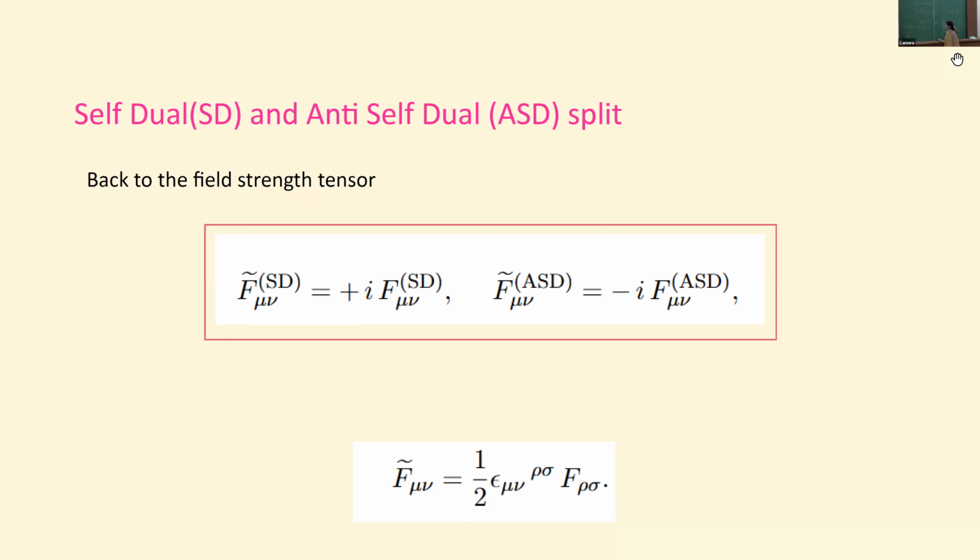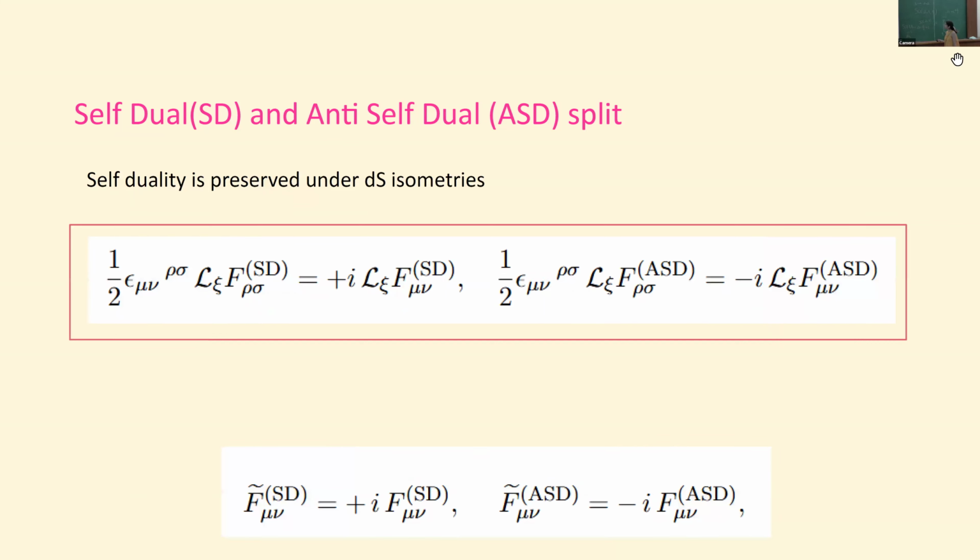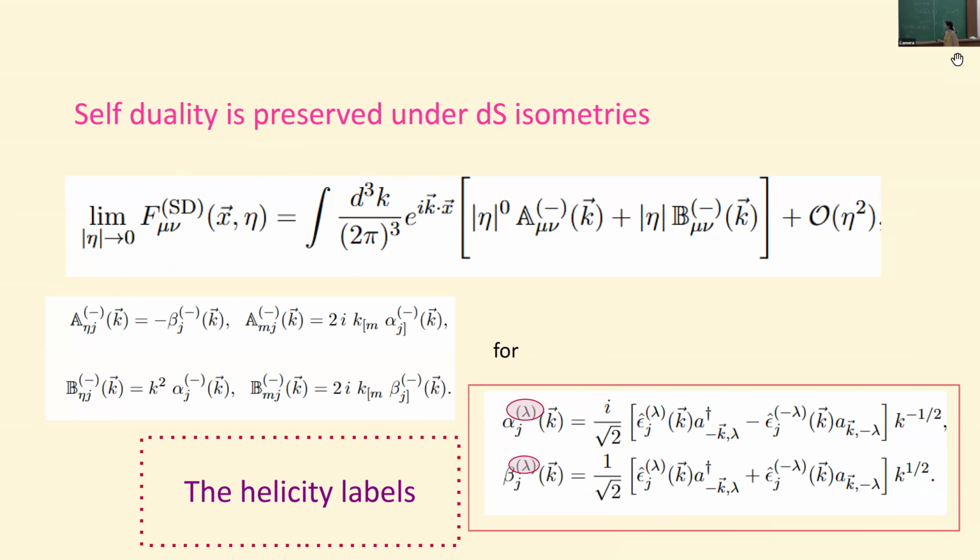It turns out that the field strength tensor breaks into two pieces, so you can write it as the self-dual piece plus the anti-self-dual piece. We checked that self-duality is preserved under the isometries. So let's focus on the self-dual part. Let's take its late time limit. Again, it organizes itself into this form: something with dimension 0, something with dimension 1.